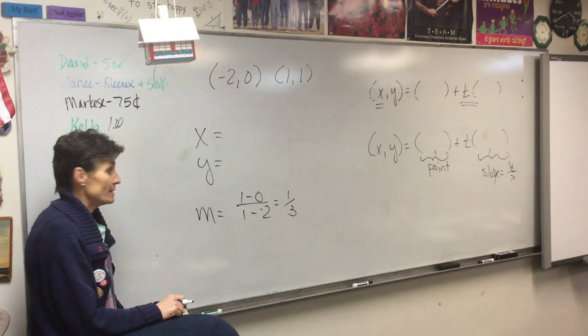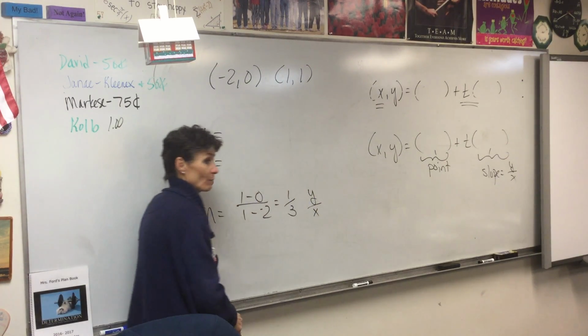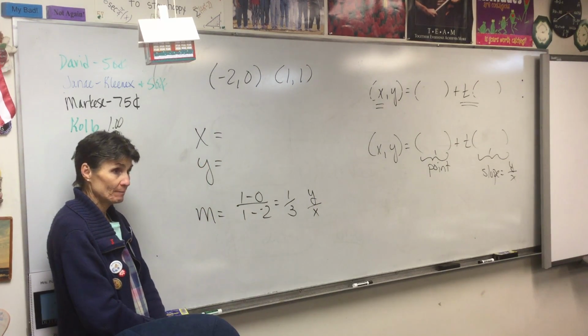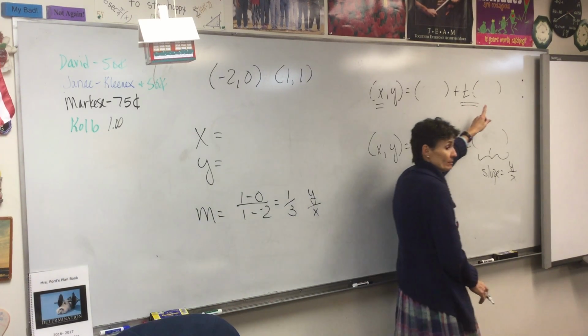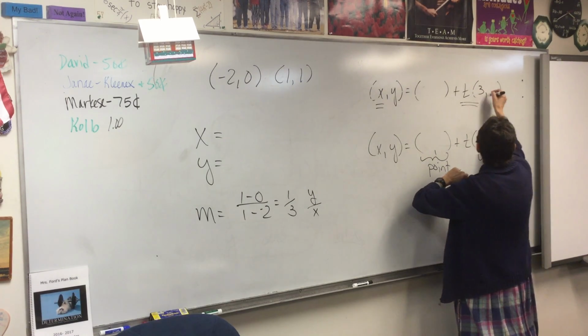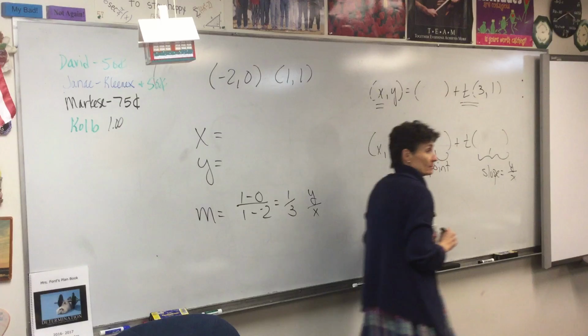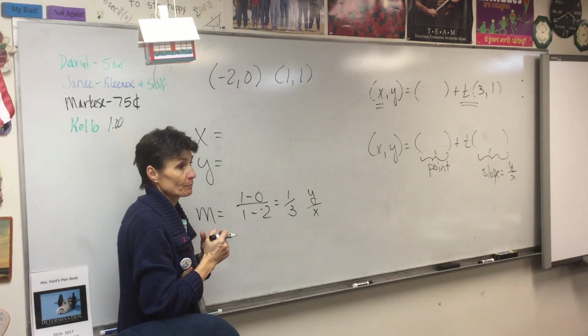Right? Now, that is y over x. You might want to remind yourself of that. That goes right here. 1/3 is y over x, so y is 1, x is 3.